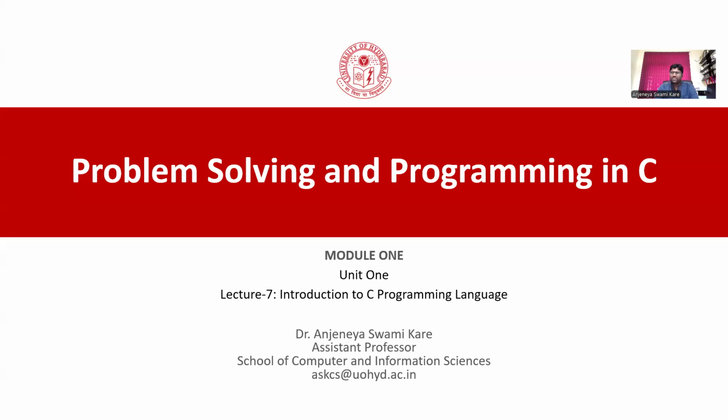What are the basic data types available in the C language? In the last class we saw how to translate an algorithm to C programming language. So in this lecture we will primarily focus on an introduction to C programming.